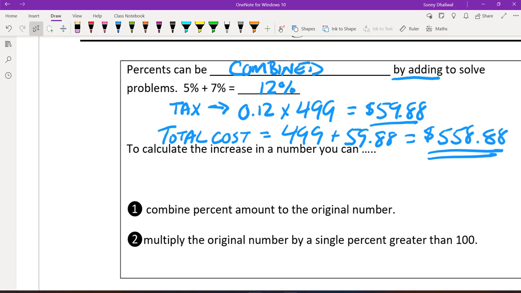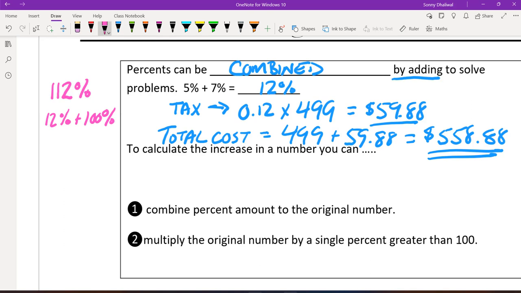So we could say, instead of paying 12%, we could say we're paying 112%. I'll show you where the 112 comes from. You have 12% for your taxes and 100% of the price of your item.